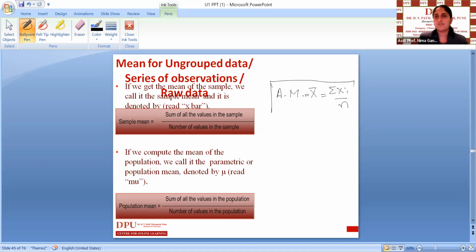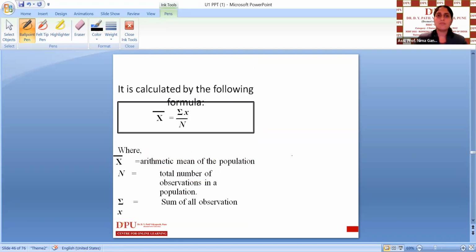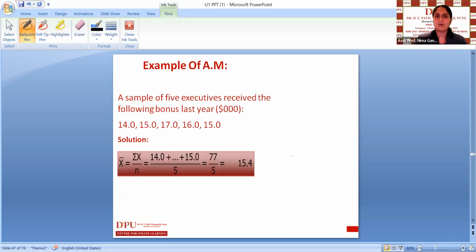You take the summation of all the observations divided by the number of observations, which is your formula for finding the mean in case of ungrouped data, or you can say individual series of observations or raw data. So the formula is x bar is equal to summation of x upon n.